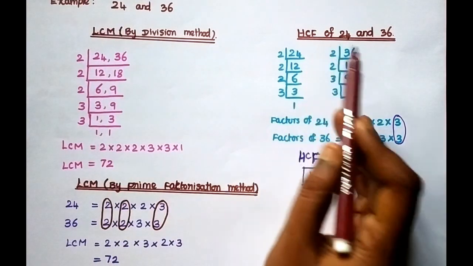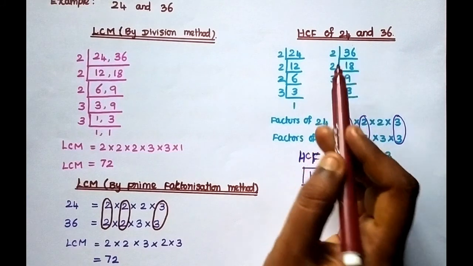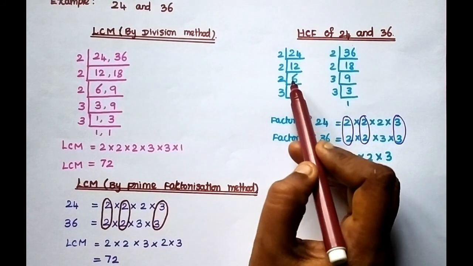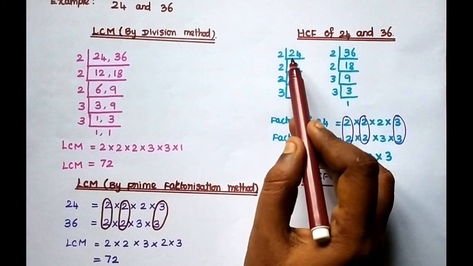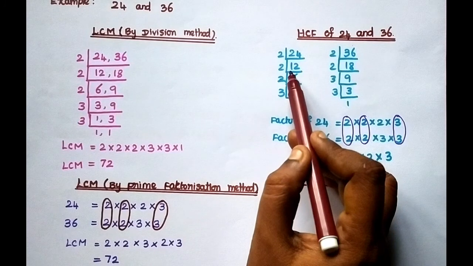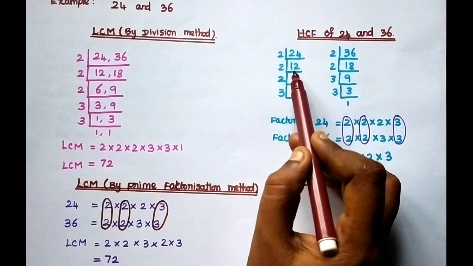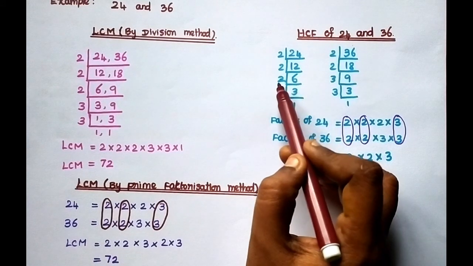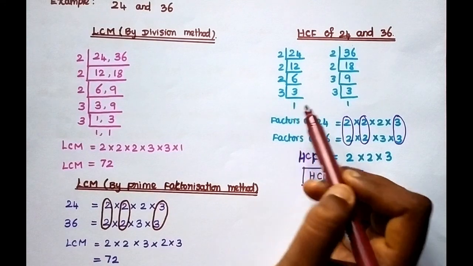And HCF, now we have to find out the HCF of 24 and 36. Find out the prime factorization for the two numbers separately. 24, that is 2 times 12, divisible by 2, so 12. Again divisible by 2, that is 6. Again divisible by 2, 3, that is divisible by 3, 1.